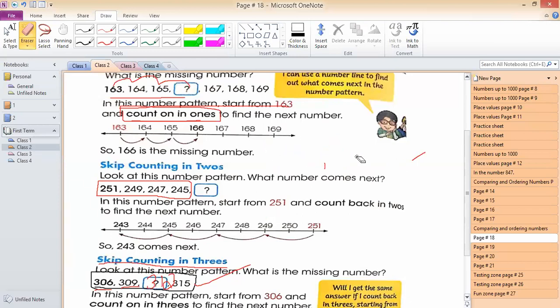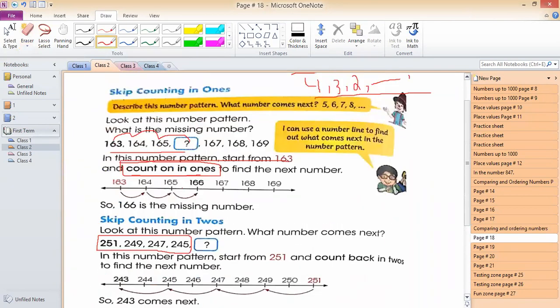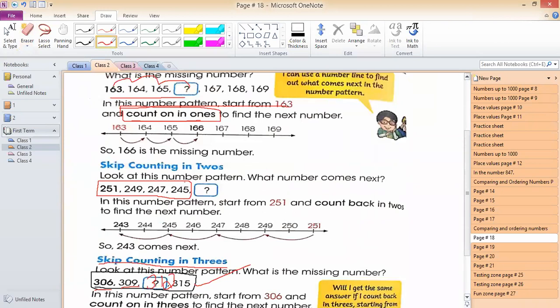Look here. This is 251, 249, 247 and 245. I will use two lines here, but because we are counting back, what comes before 251? That is 250. And what comes before 250? That is 249. Then after 249, what should we write here?